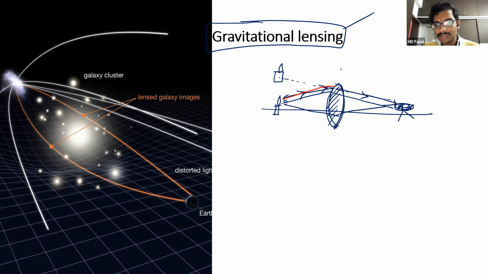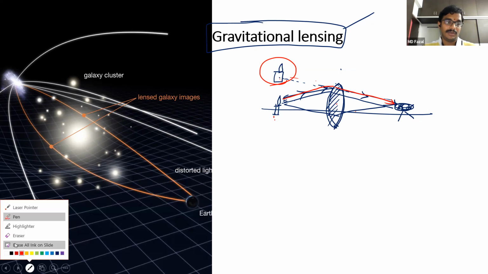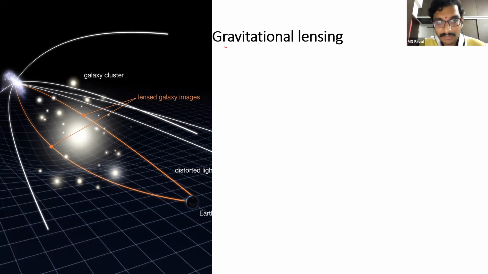Because of that, you will see as if your source of light, candle or whatever, is somewhere here, but actually it is here. This kind of bending is possible in the universe, where gravity will act like a lens and bend the light. If you see in this diagram, this is Earth actually.